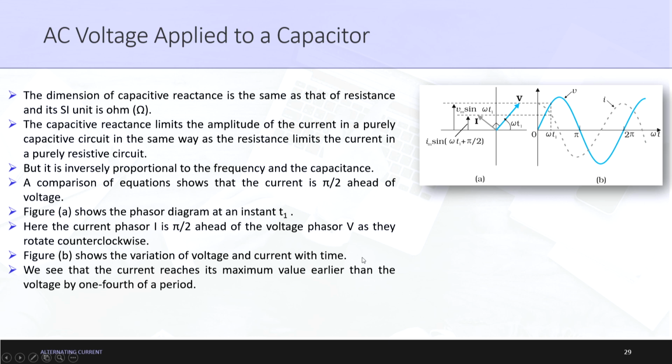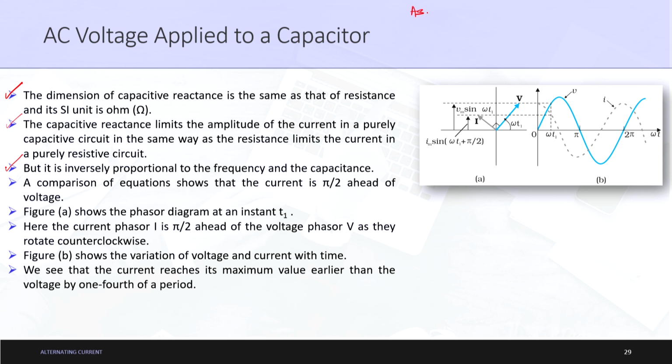Yes. So, now let us understand the same things which we understood for the inductor. The dimensions of capacitive reactance are the same as that of resistance and its SI unit is ohms, similar to the inductor. Only for the inductor it was omega L, for the capacitor it is 1 upon omega c. The capacitive reactance limits the amplitude of the current in a purely capacitive circuit in the same way as resistance limits the current in a purely resistive circuit, similar to the inductor concept, but it is inversely proportional to the frequency and the capacitance.